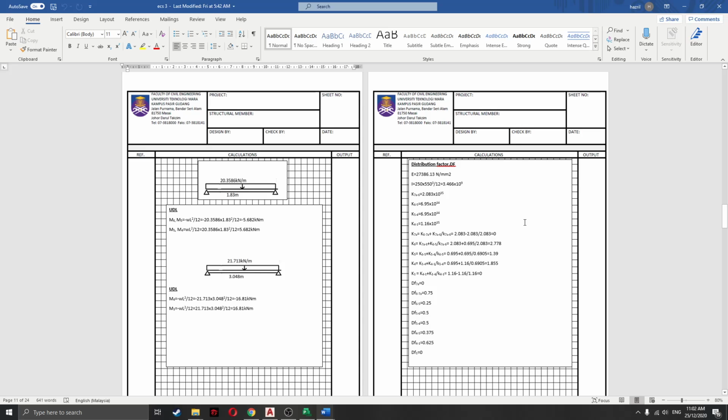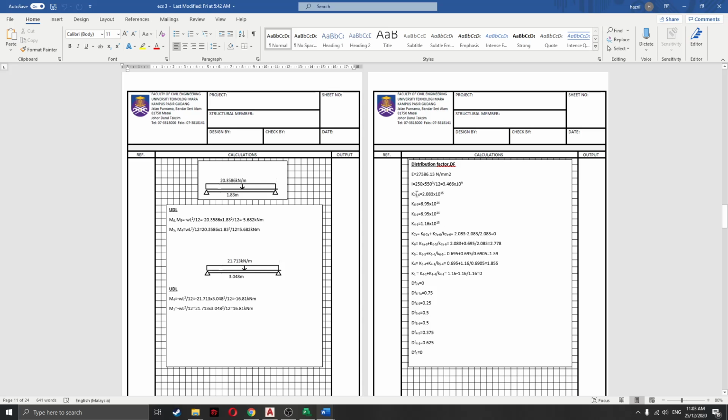So after that we need to find the distribution factor. The E I use is 27386.13 Newton per millimeter square. I is BW times H squared over 12, I get 3.466 times 10 to the power of 9.